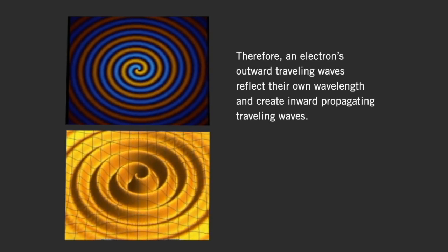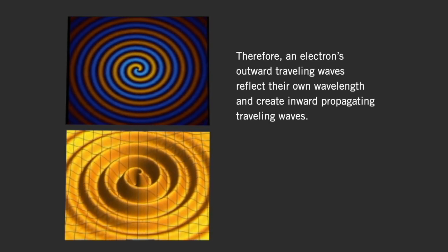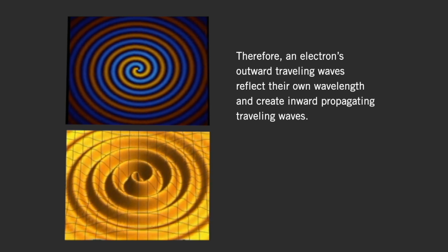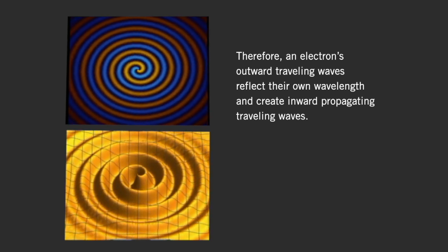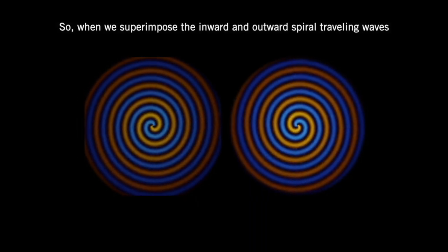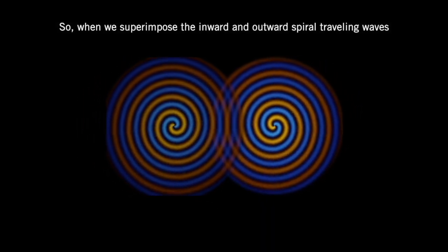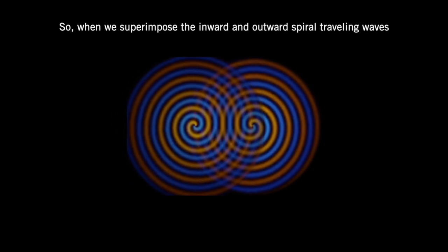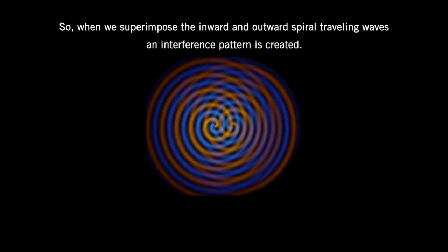Therefore, an electron's outward traveling waves reflect their own wavelength and create inward propagating traveling waves. So when we superimpose the inward and outward spiral traveling waves, an interference pattern is created.